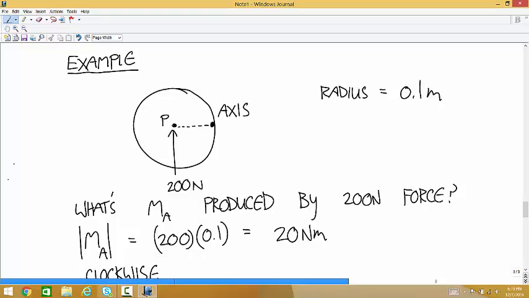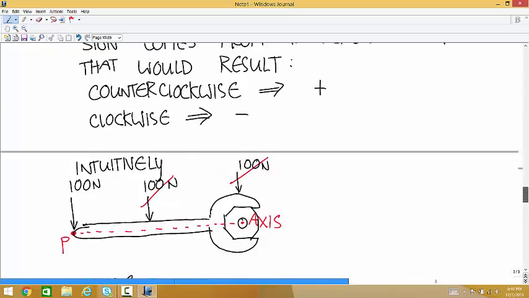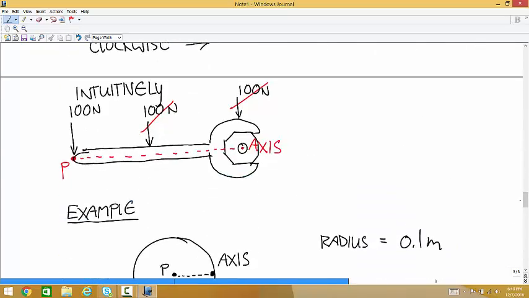If that 200 was going down, it would be the same? No, if it was down, it would rotate, like if you tapped it down with a hammer, it would go this way, counterclockwise, so it would be positive. And that makes sense if you think about the wrench again.